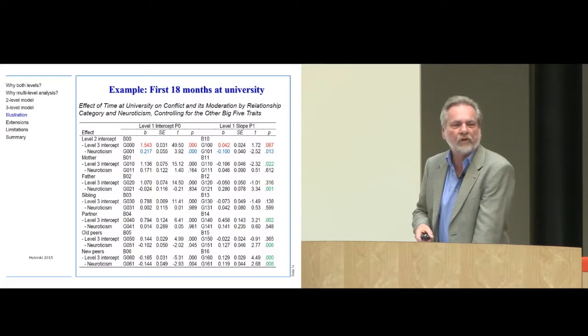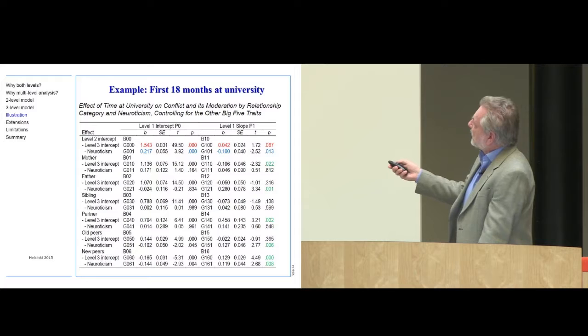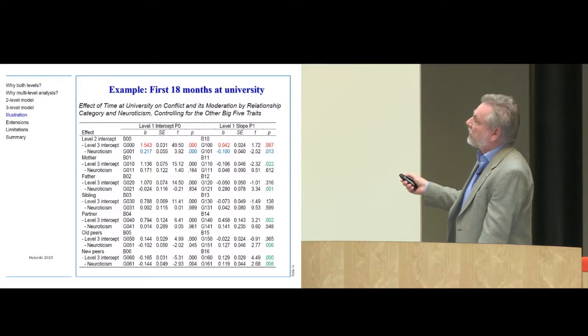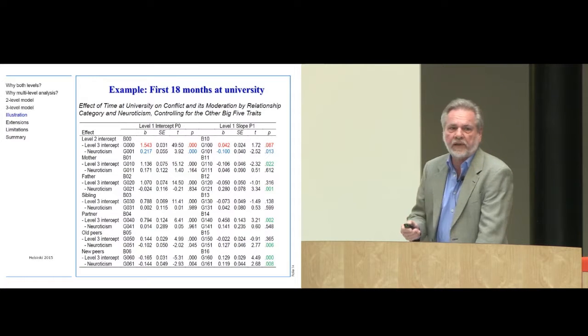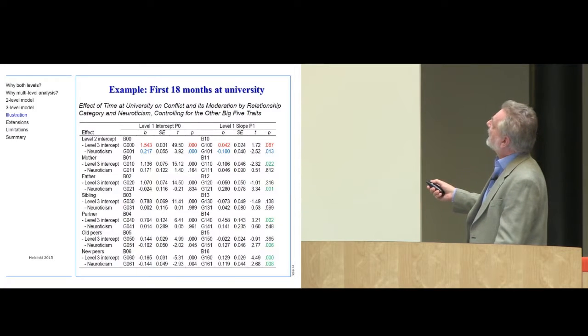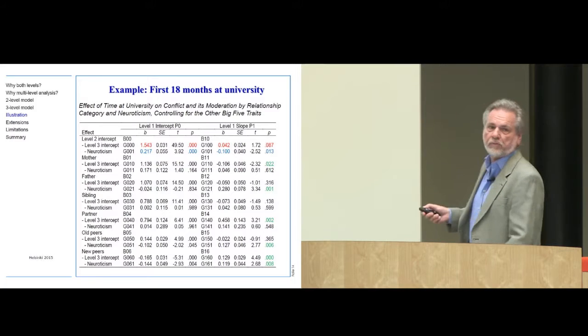It's socially undesirable. But then we have, for example, the differentiation by neuroticism here. This refers to the intercept, so to other relationships. This is now the effect of neuroticism, which means that if people increase 1 point on that neuroticism scale, their overall level of conflict is 0.2 points higher.